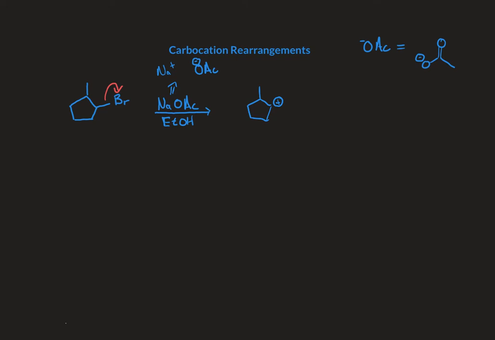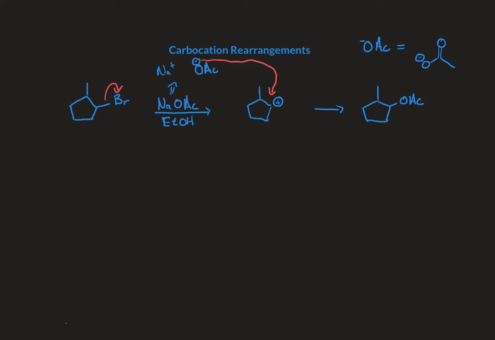And before, we would have said that after bromide leaves, the acetate comes in and attacks this carbocation to form the expected product, methyl acetate and cyclopentane. However, that is not the only product that forms, and it's probably not even the major product that forms.